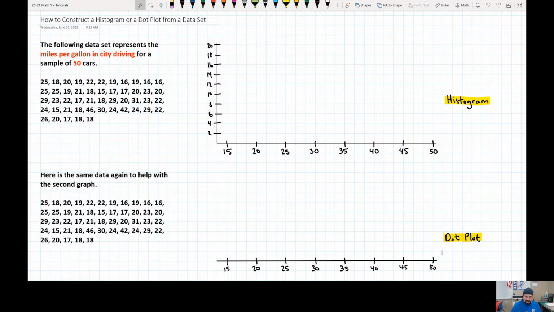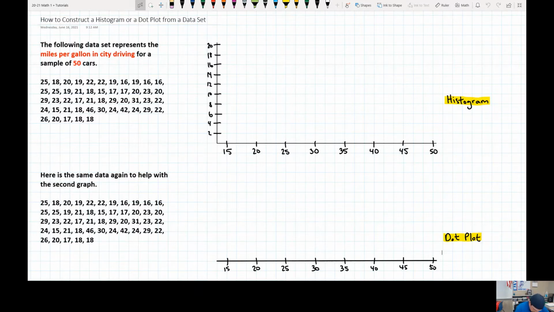Usually the cutoff mark is not part of that bin. So this first bin can take all the values 15, 16, 17, 18, and 19, but not 20. 20 will go in the next bar. So we're going to go through and find all the values that are 15, 16, 17, 18, or 19.